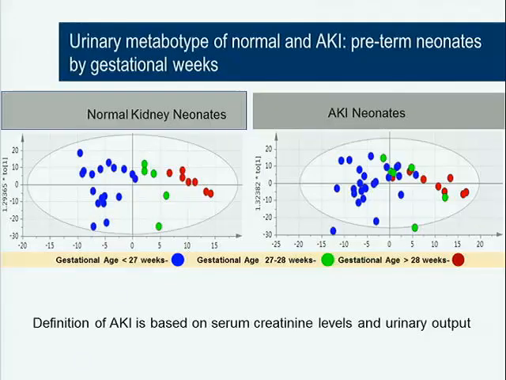In addition to that, we've been looking at the kidney for different age groups of preterm delivery. So this is gestational age of less than 27 weeks, 27 to 28 weeks, or greater than 28 weeks. And in babies with normal kidneys, it looks like we're seeing a development pattern of the kidney, which is good.